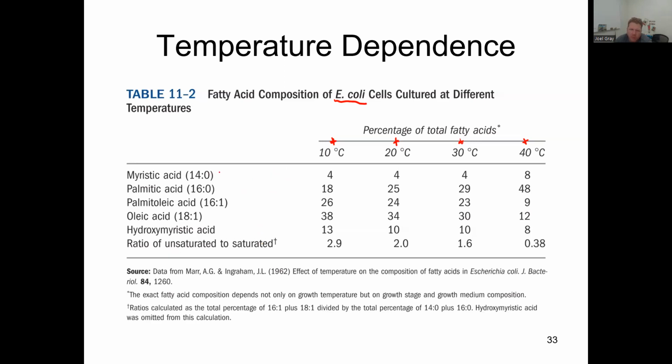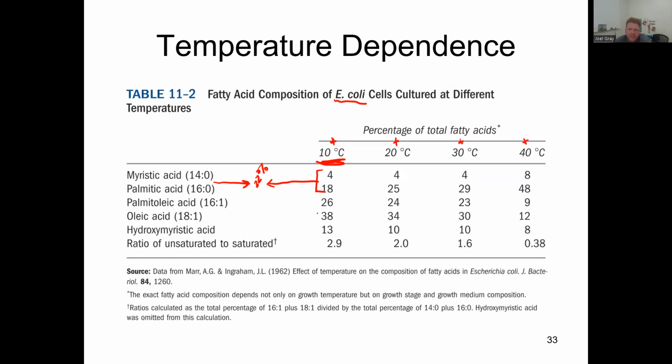And what they found was that at 10 degrees Celsius, that's where I want to start out, the percentage of fatty acids that were 14 and 16 carbons long, respectively, was about 22%. So less than 1/4 of the fatty acids were saturated fatty acids, about 14 and 16 carbons long.